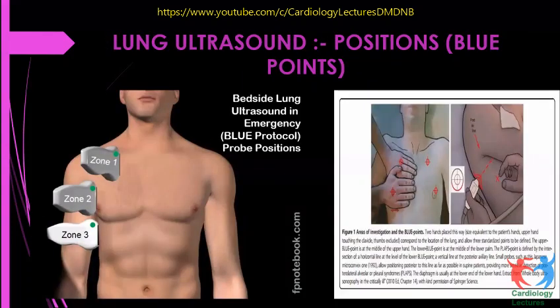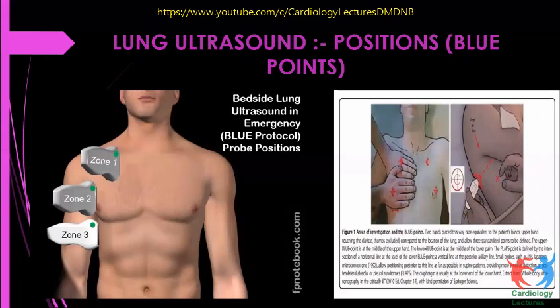So lung ultrasound, the positions for the lung ultrasound, the probe positions, are called BLUE points. So there are 3 points, that is upper BLUE point and the lower BLUE point, which are on the anterior chest, and then the zone 3, that means the third point is the PLAPS point.